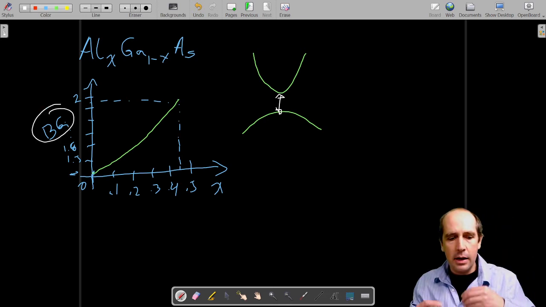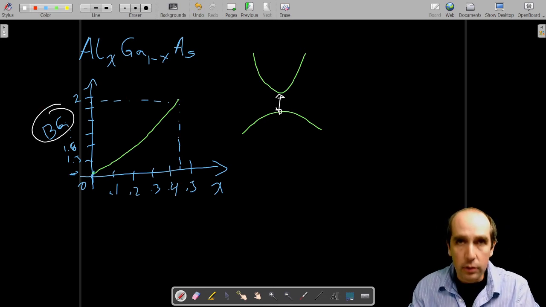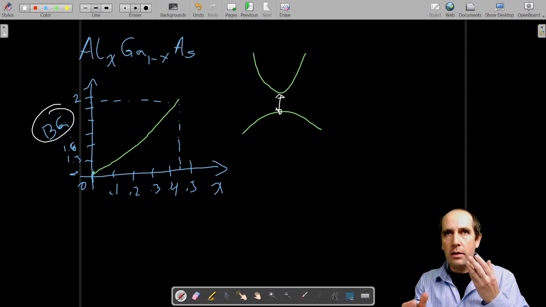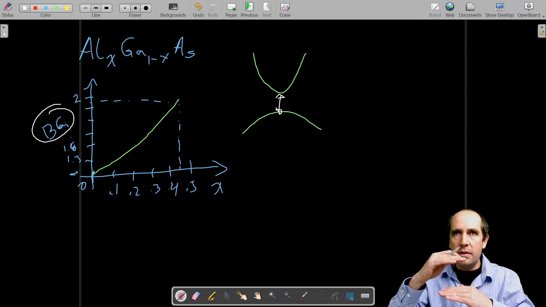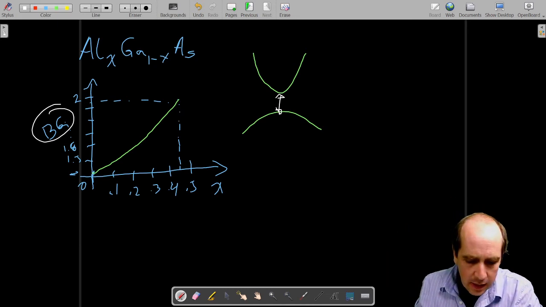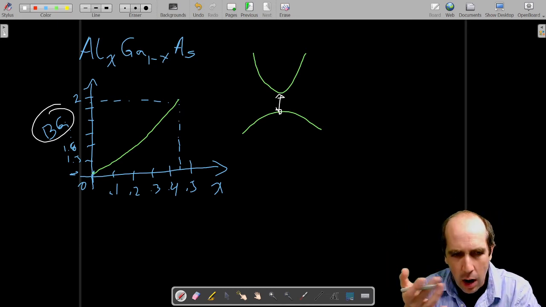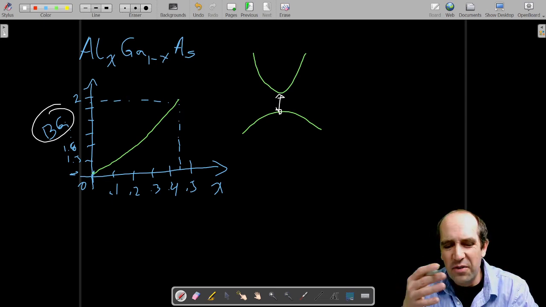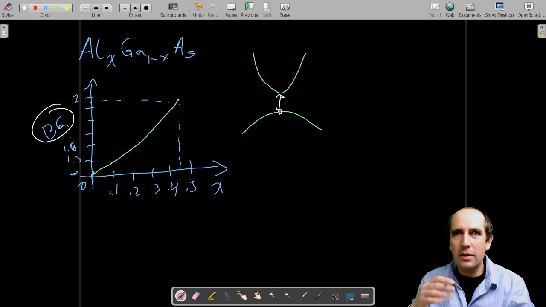So as I increase the amount of aluminium atoms and decrease the amount of gallium atoms, what happens is that these bands start separating from each other, until at some point, somewhere in an alloy fraction around 0.45 or so, something strange happens.